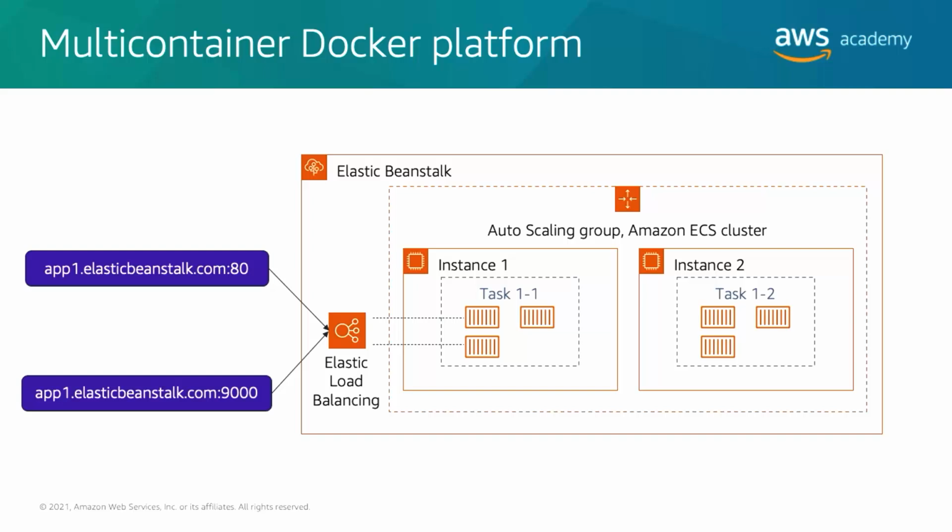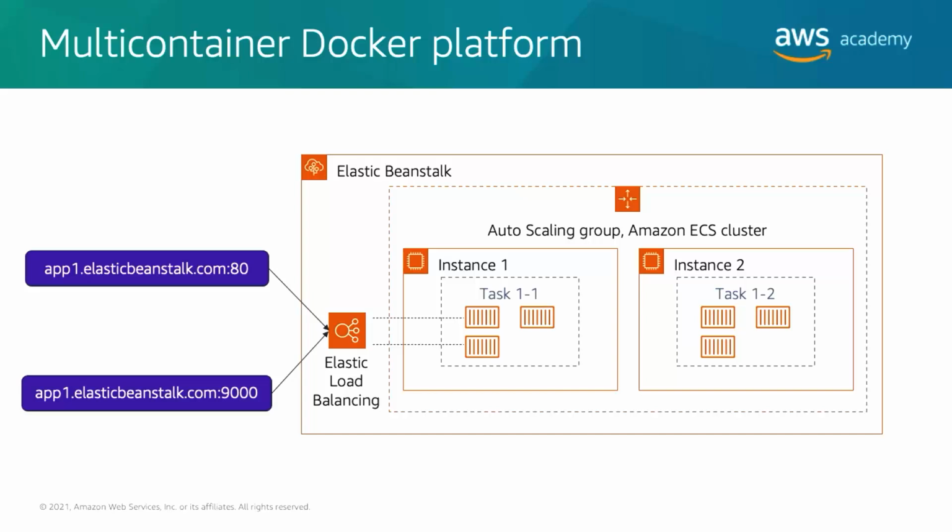When you create an environment by using the multi-container Docker platform, Elastic Beanstalk automatically creates and configures several Amazon ECS resources. At the same time, it is building the environment to create the necessary containers on each EC2 instance.